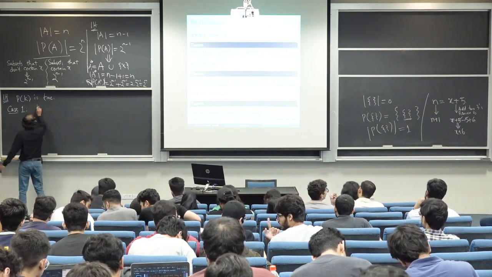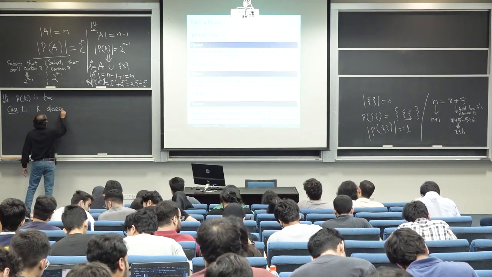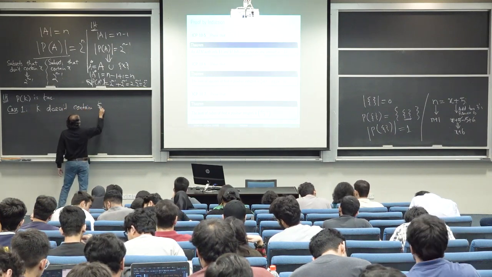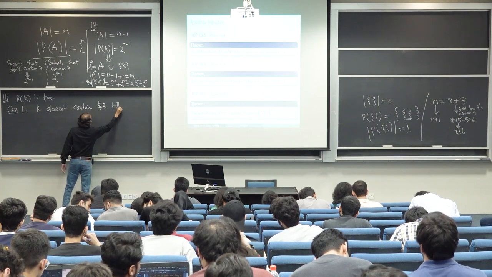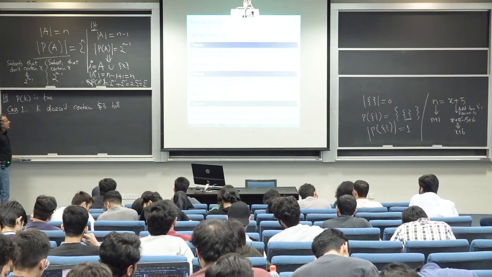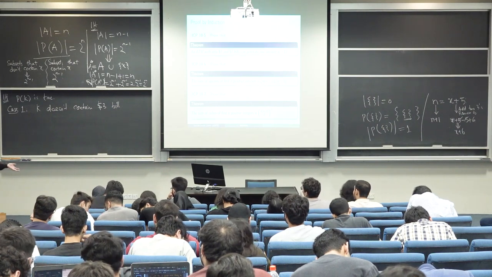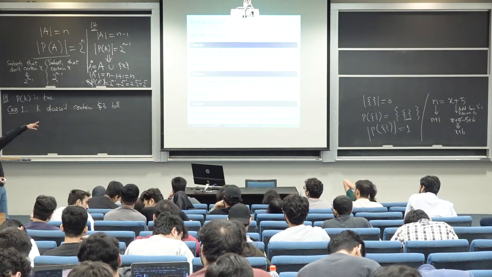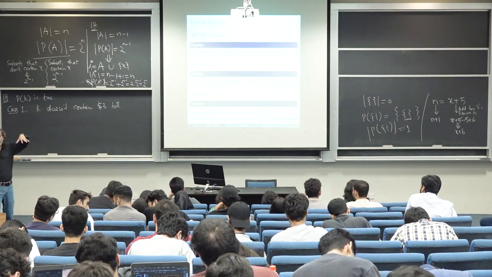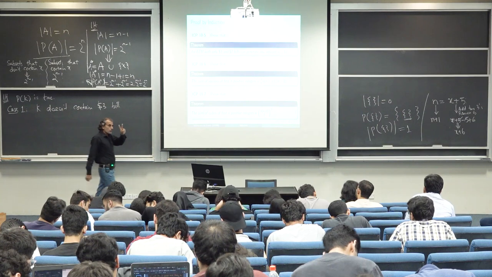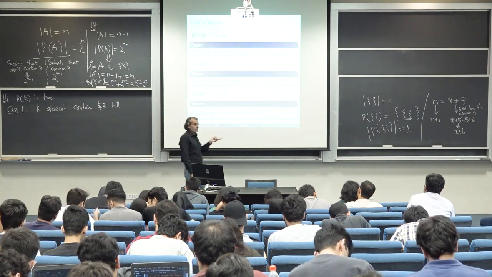Case 1 is that K does not contain $3 bills. If it does not contain $3 bills, what will be the smallest amount you can generate without $3 bills? 14, because we have to meet that baseline, right? Our n has to be greater than or equal to 12. So K has to be at least 14, and two $7 bills must be there.